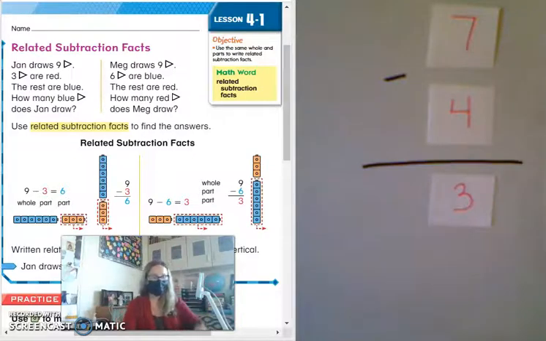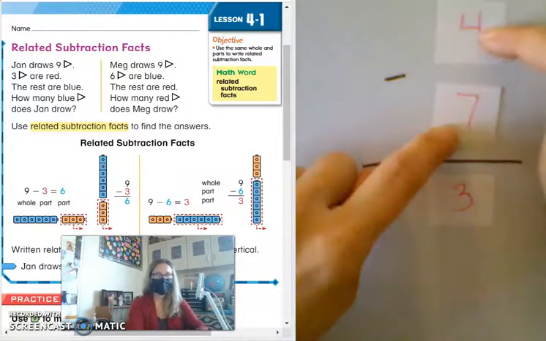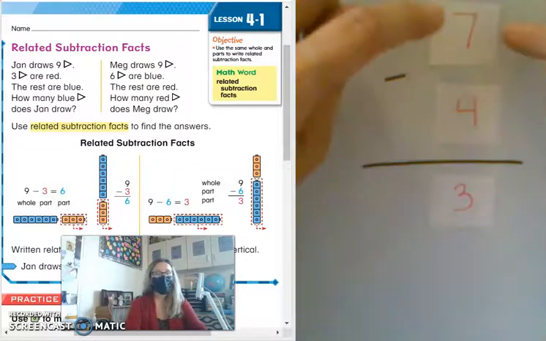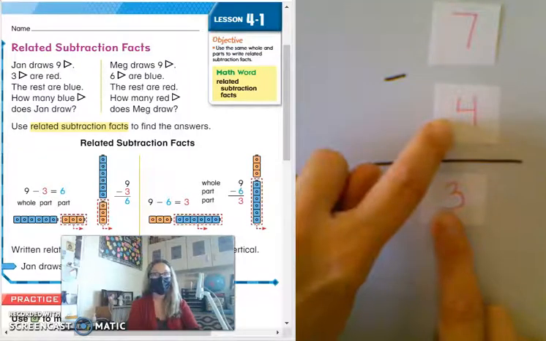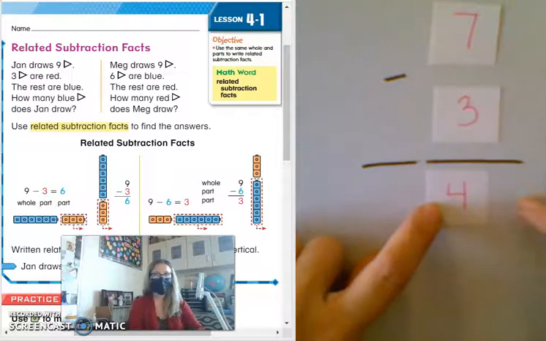Now watch. I can't switch the 4 and the 7 like I did with the addition, because 4 take away 7 is not 3. That wouldn't even make sense. But 7 is my whole. So if I switch the parts, the 4 and the 3, check it out. Ready? Is 7 minus 3 4?